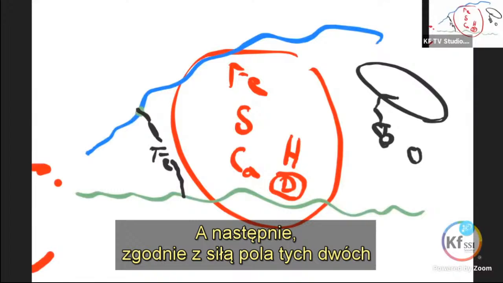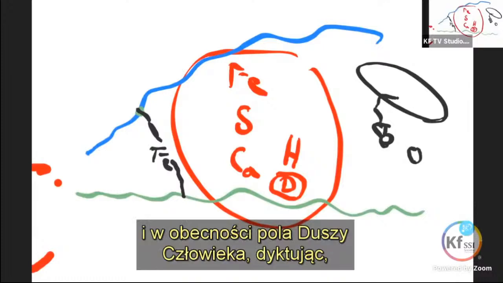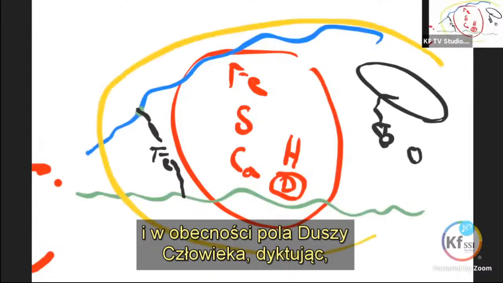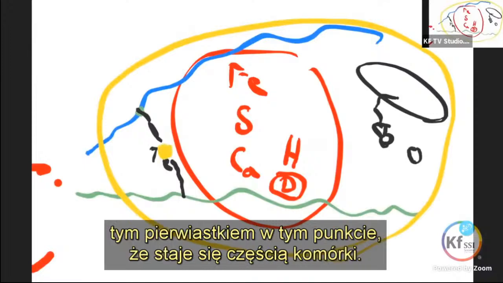And then, according to the field strength of these two, the neurosystem and the magnetic field of the blood, and in the presence of the field of the soul of man, dictating what is needed where, it becomes that element at that point that becomes part of the cell.